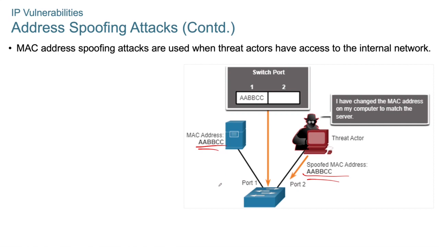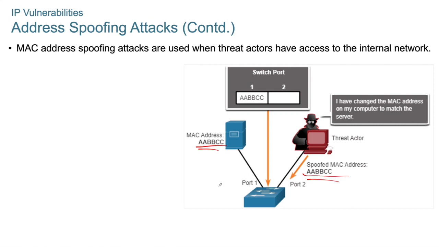Then this Ethernet packet is received by every host in the network, and when the switch receives this frame, it examines the source MAC address, and the switch overwrites the current address table entry, the port entry, and assigns the MAC address to the new port.